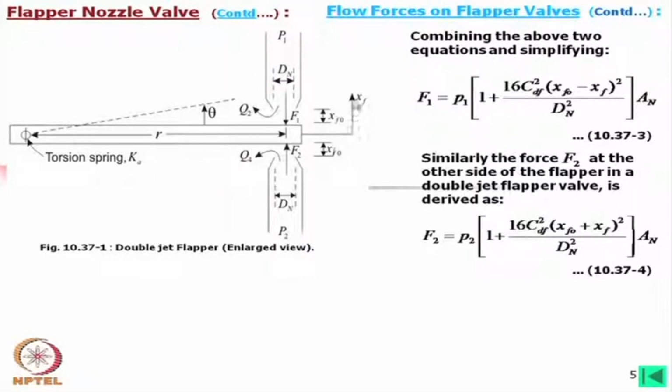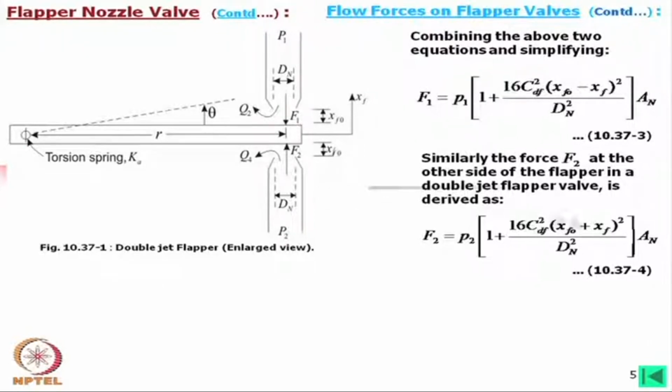In that case, we have considered that this is the positive motion, that means x f is positive in these directions. So, while this flapper is moving in these directions with say theta positive also, then this length is being decreased. So, physically this initial distance minus this spool movement will be used to find out the curtain area.